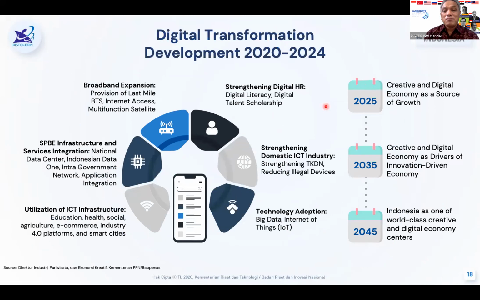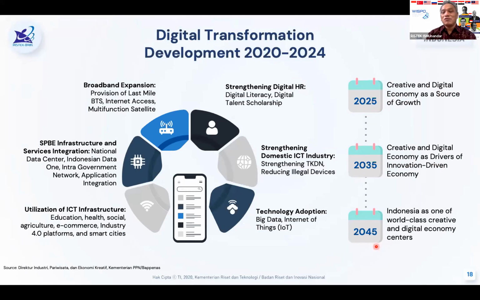This is the plan for Indonesia's transformation and development, digital transformation in 2020 to 2024. And we can see in the long range that in 2025, we want to become a creative and digital economy as a source of growth. And in 2035, we want to be a creative and digital economy as a driver of an innovation-driven economy.